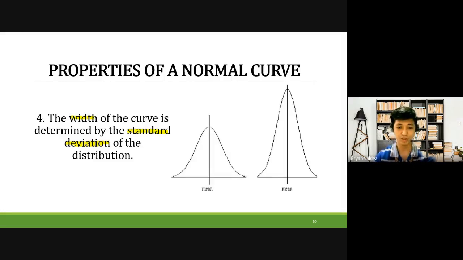Kung yung mean, ang dinedetermine niya is yung center ng ating normal curve, yung standard deviation naman, siya yung nagde-determine how wide or how spread yung ating normal curve. Pansinin nyo, ito yung mean natin, nasa center naman sila. And then magkaiba na itsura yung normal curve natin. It's because their standard deviations are different. Okay?